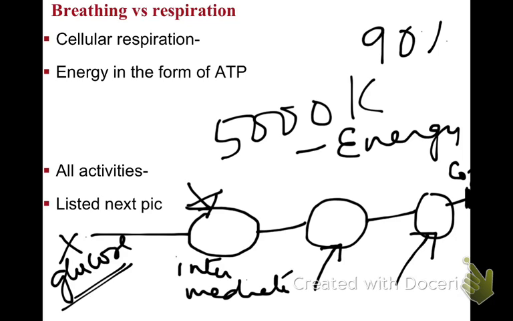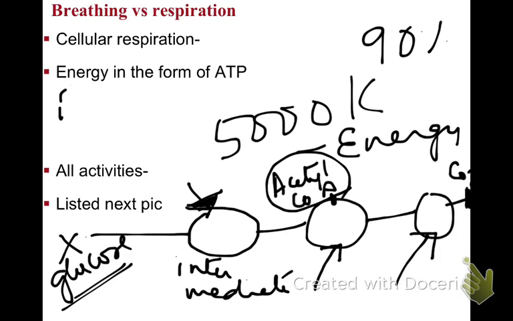This is the pathway that a cell uses. Now, for example, I would like to throw in the name of an intermediate. Let's call it acetyl CoA. This is an intermediate which is formed at this step and then enters the cycle, or the process of breakdown, at this particular point.